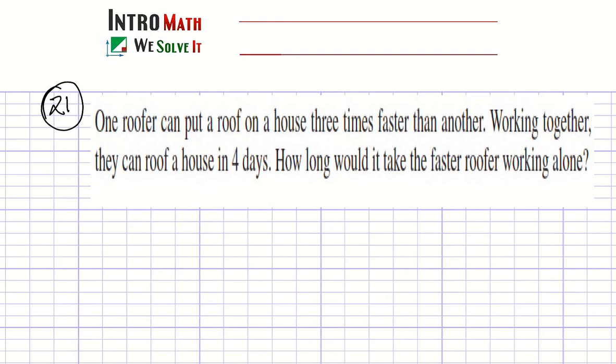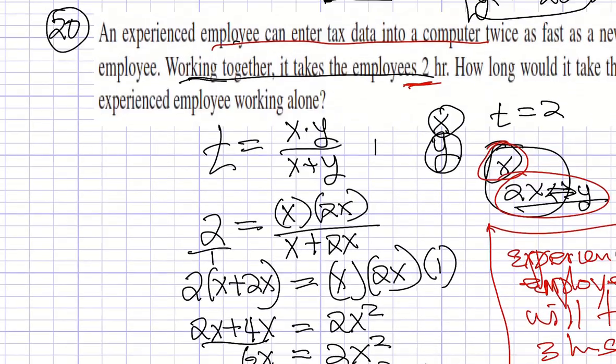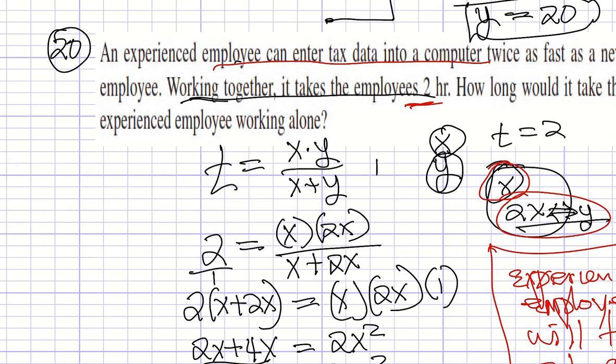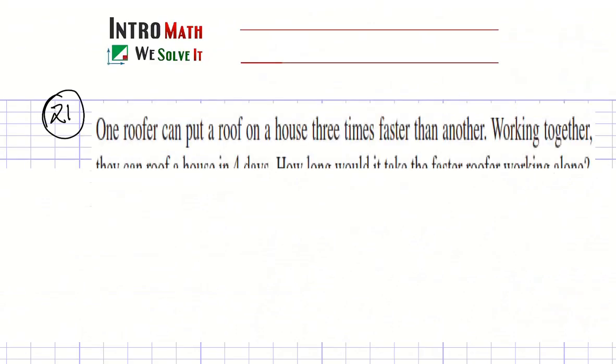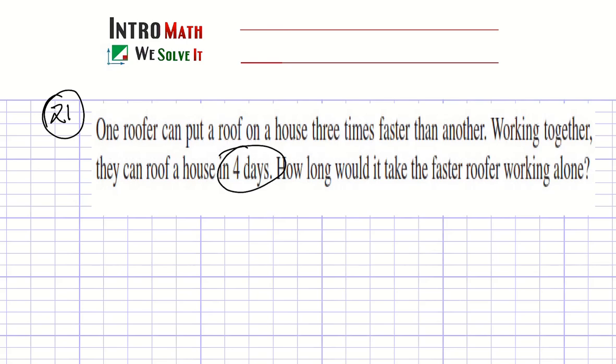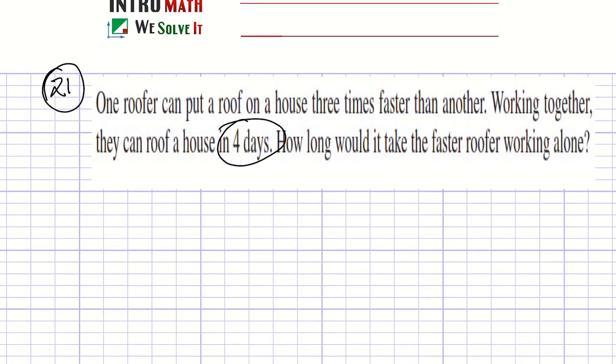Keep that in mind. This is similar to the problem we did before, problem number 20, talking about hours. This one is talking about days. Keep that in mind, but it changes nothing.